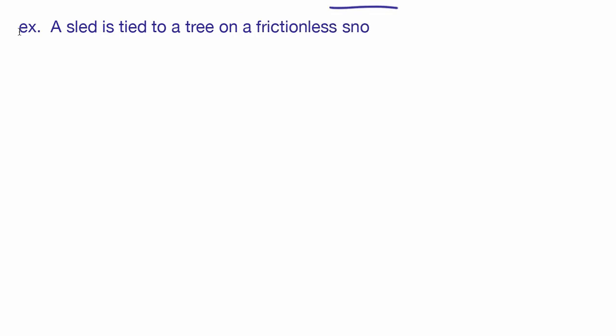Okay, so let's talk about some other contact forces and start to have fun with inclined planes. So the next example involves a sled. A sled on a plane. And the sled is tied to a tree, and it's on a frictionless plane, because it's on frictionless snow, a frictionless snowy hill.